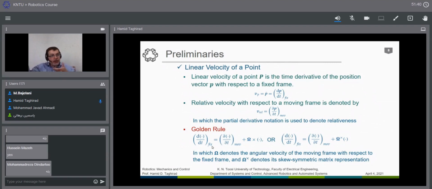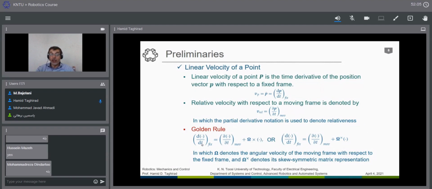But it is very simple to find the derivative of the last link with respect to its own frame, which is a moving frame. So usually this moving frame is found very easily, simply and systematically, and then we can use this approach to convert it to the fixed frame and find the absolute velocity.